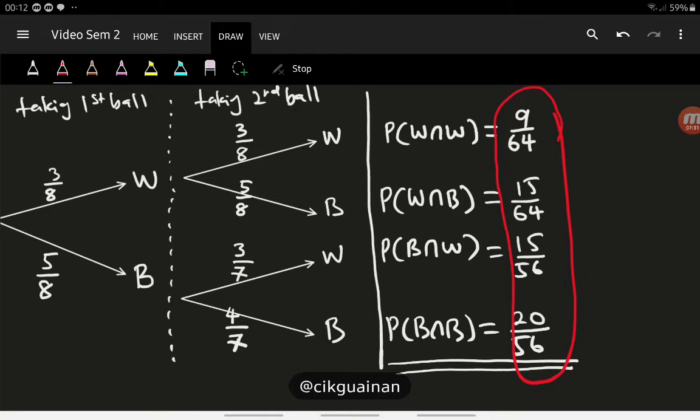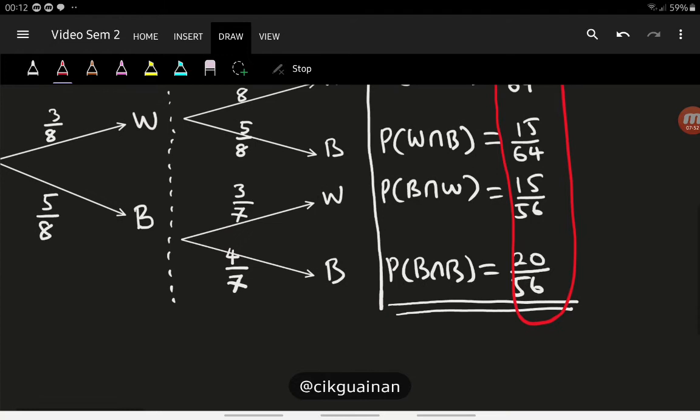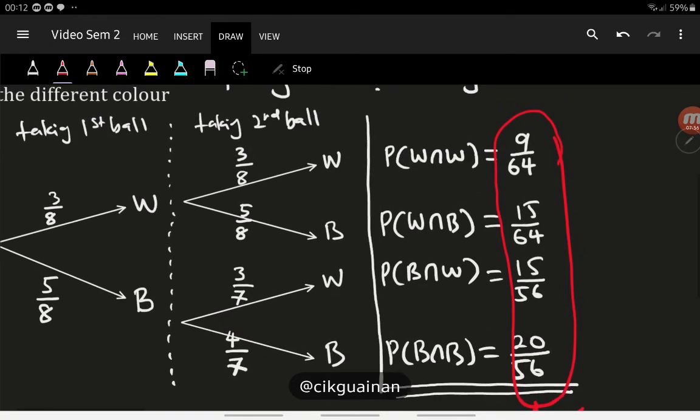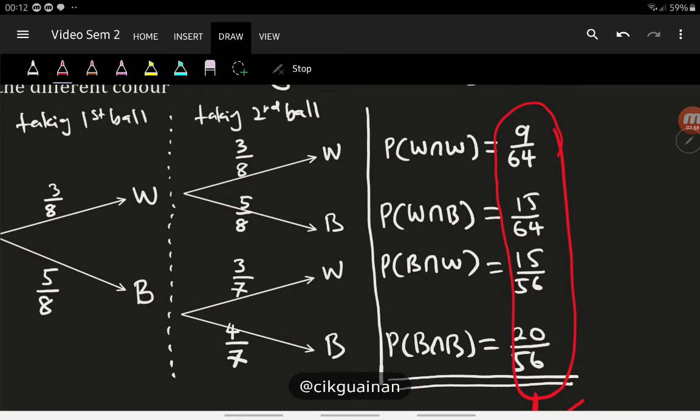Using my calculator, 9 over 64 plus 15 over 64 plus 15 over 56 plus 20 over 56, I get 1 as the total, so no problem with our tree. Our tree is correct.